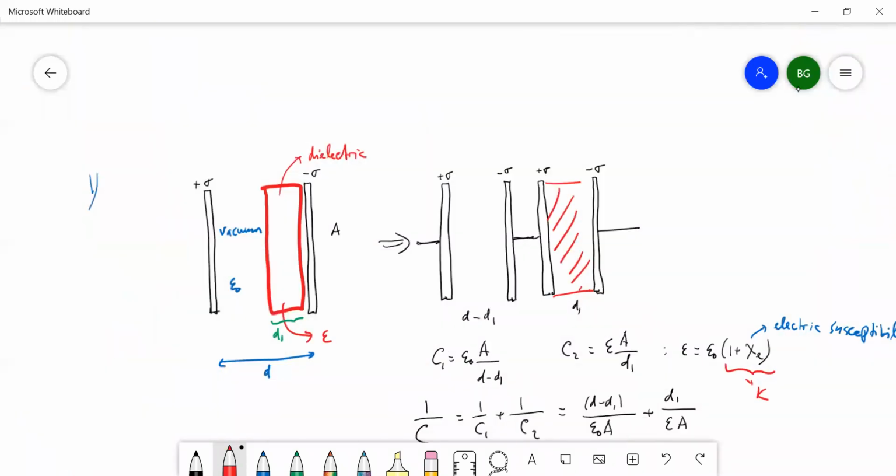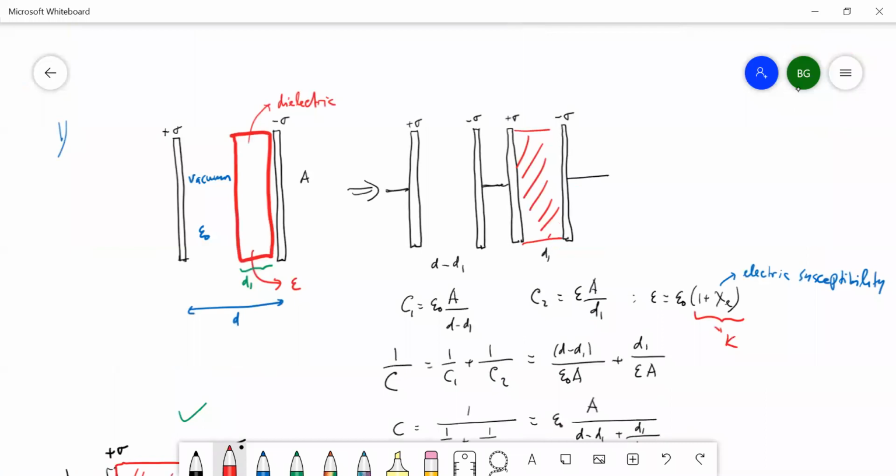Okay, let me just review yesterday's lecture. We have discussed the capacitor, where in the space between the parallel plates we insert a material called a dielectric.